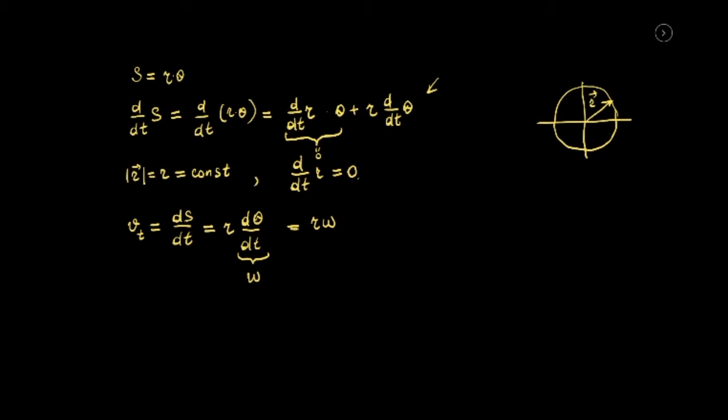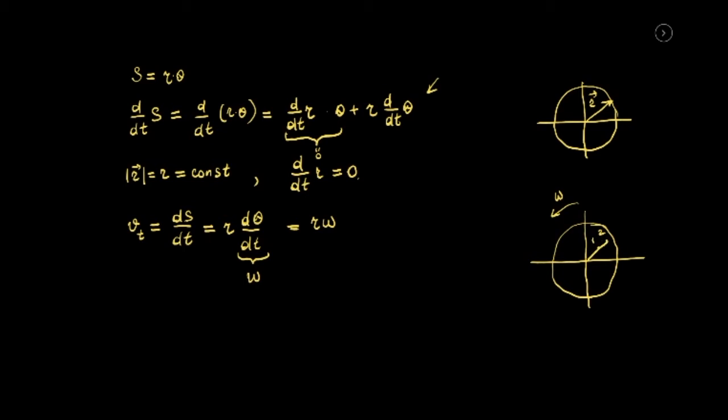Now if you consider a disk rotating with some angular velocity omega, let's consider these 2 points, the first and second points.